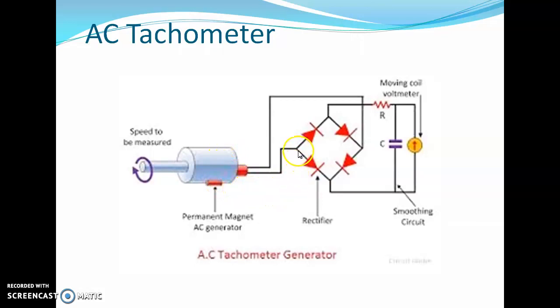Then you can see this is connected to rectifier circuits. These are the 4 diodes used for rectification, and you can see here this is a smoothing circuit and this is a moving coil voltmeter. This is how the construction of AC tachometer is.